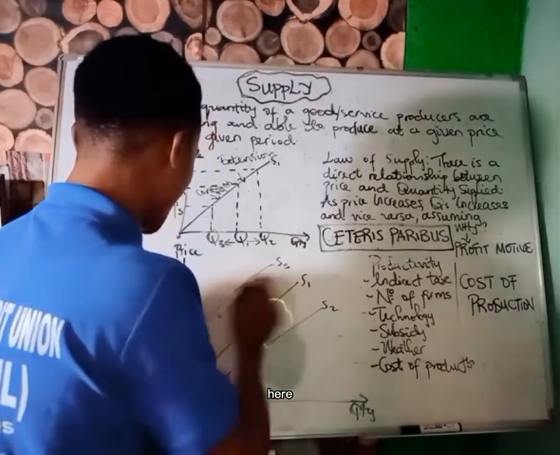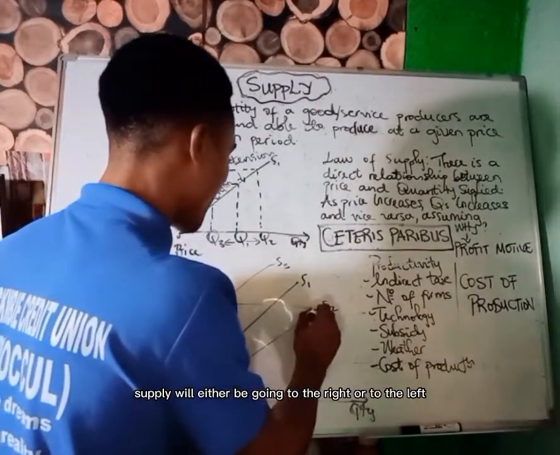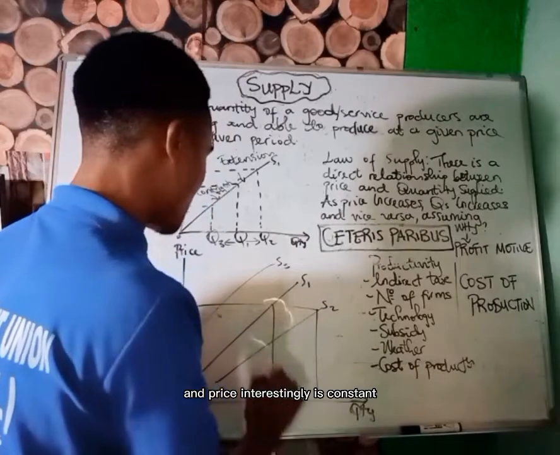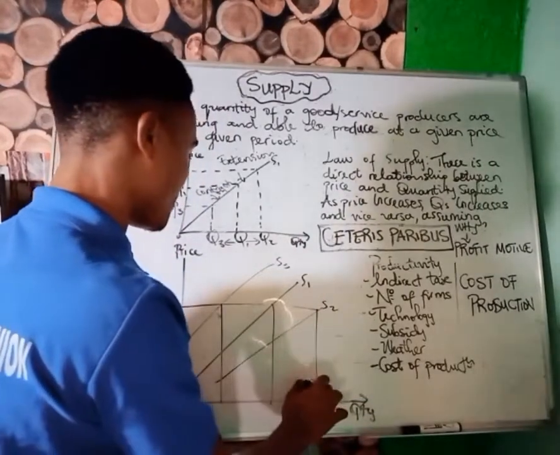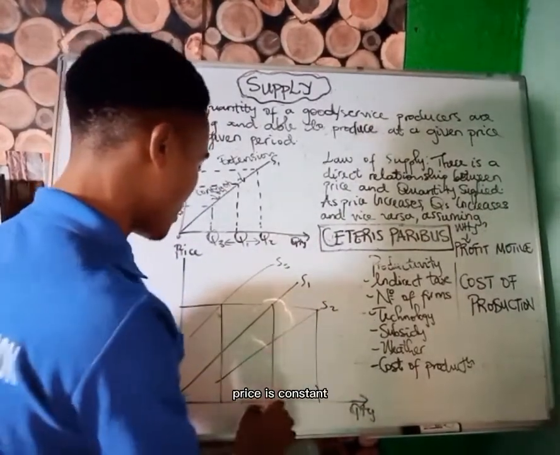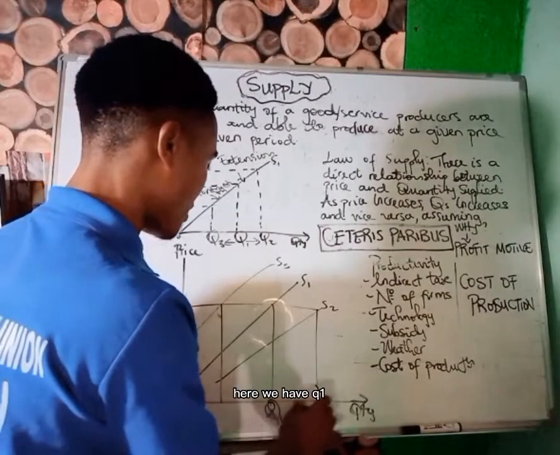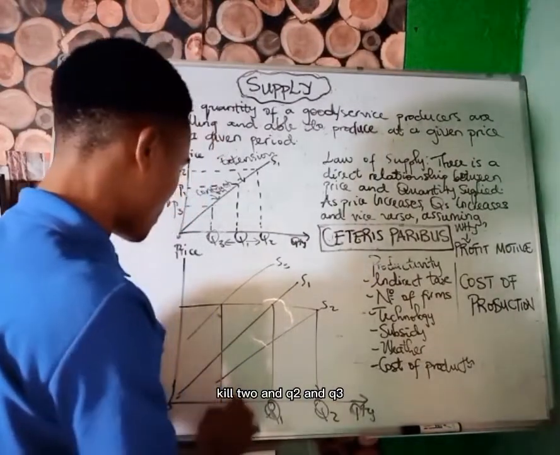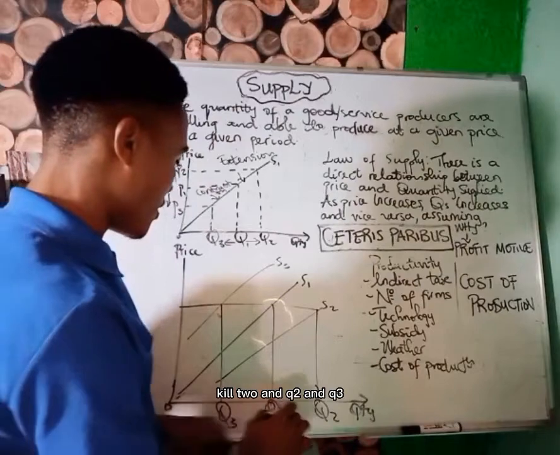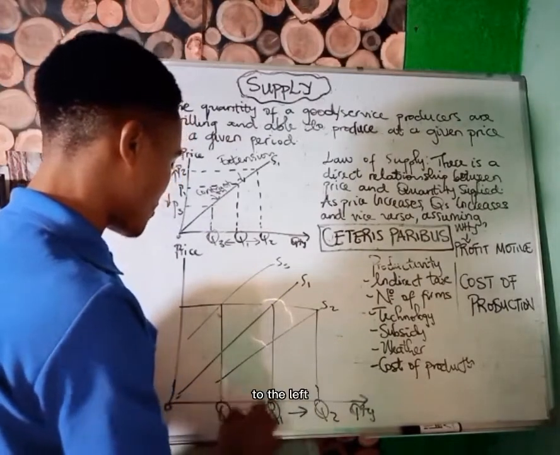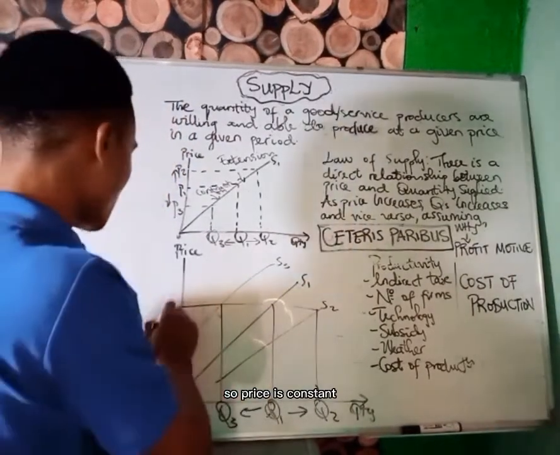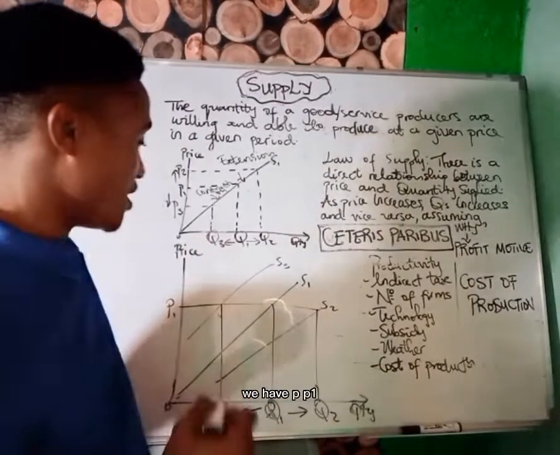Supply will either be going to the right or to the left, and price, interestingly, is constant. So here we have Q1, Q2, and Q3, with movement to the right and to the left. Price is constant at P1.